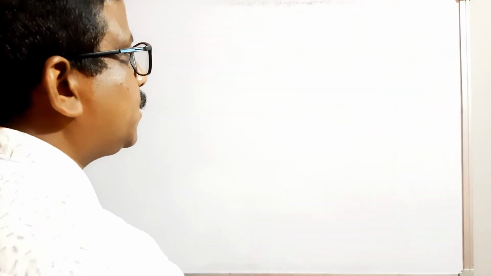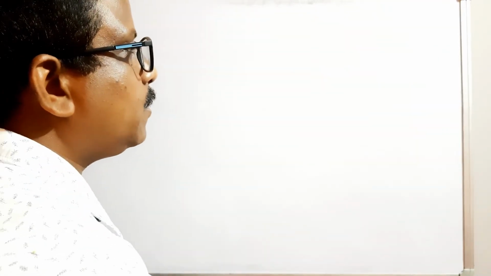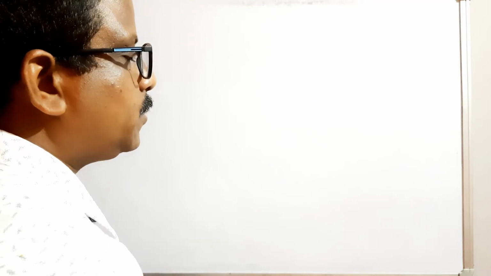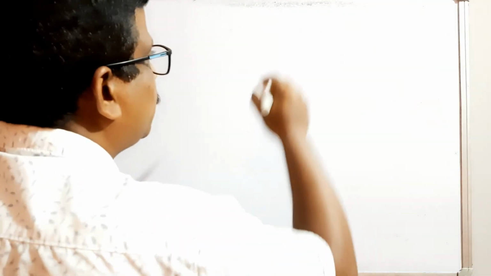Then the square is also satisfying the properties of a parallelogram, because a square is also a rectangle and a parallelogram. So it satisfies all the properties of a rectangle and a parallelogram.